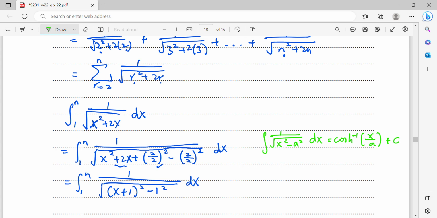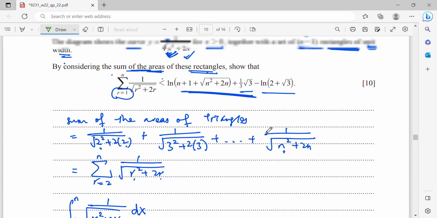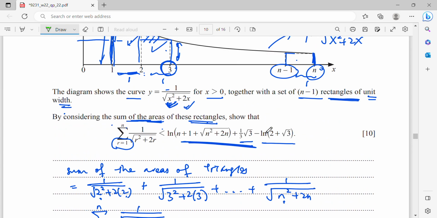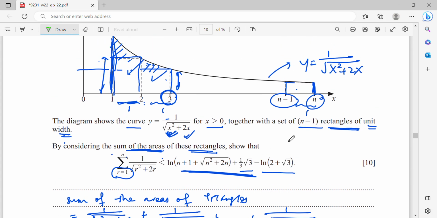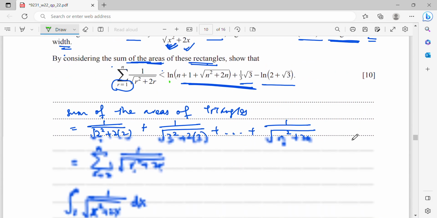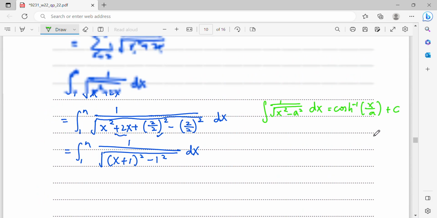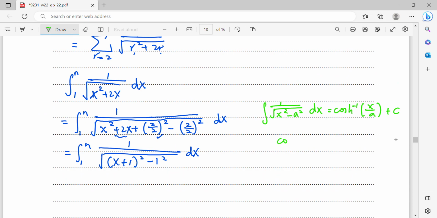And now when you refer to the answer here, there's a ln. Therefore, we need to get the cosh expression. Okay, arccosh x is basically ln of x plus square root of x squared minus 1. So we may need to use this in the later working.